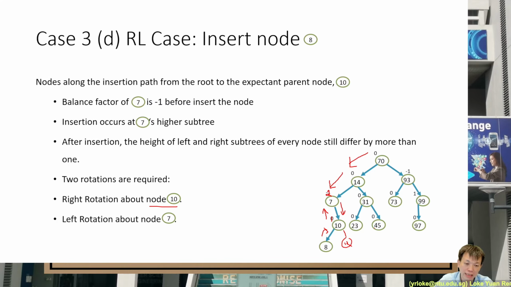Because I need to make sure node 10's left side is higher. After you do the right rotation, the right side will be higher. And then you go to node 7, you do the left rotation, then they will balance.